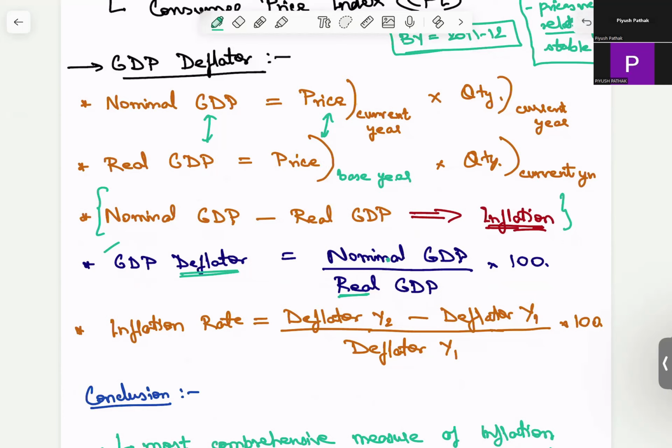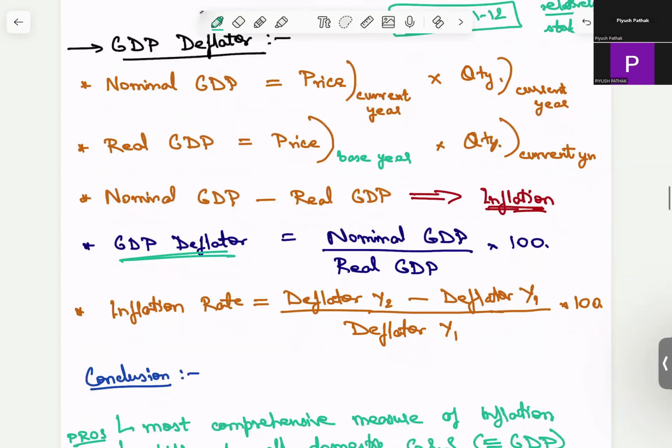Why? Because it has taken into account inflation. So when we use the deflator, we are reducing that effect and calculating the real picture which would have been there in the absence of inflation. This is why the GDP deflator is known as a measure of inflation.